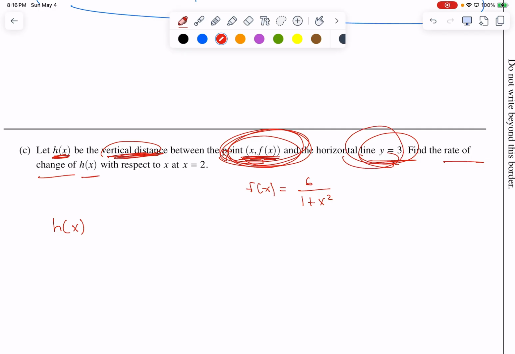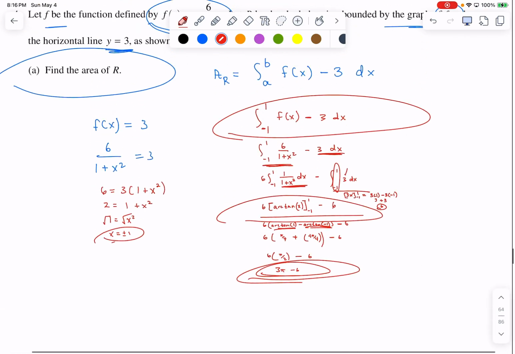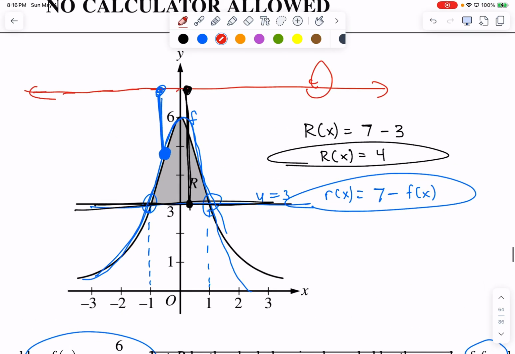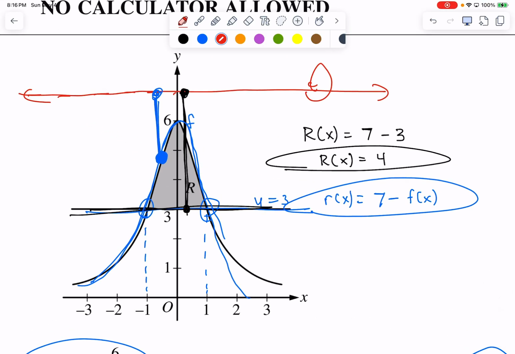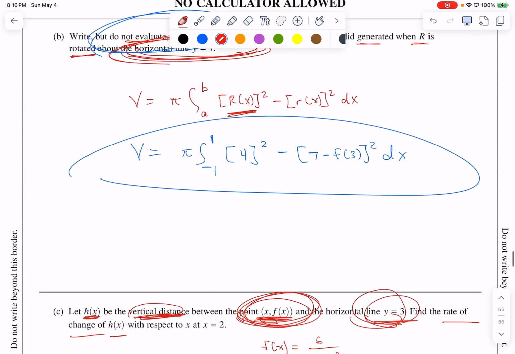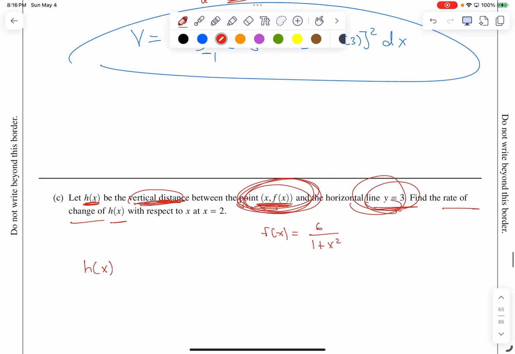Now, I don't really know what you want to subtract first, but if I go back up here, it says the vertical change between those two graphs, so we've got 3 and f of x. So you can go f of x minus 3, or you can go 3 minus f of x. They did not specify, did they? It kind of depends on how you set it up. Let h of x be the vertical distance between the point x comma f of x and the horizontal line y equals 3.